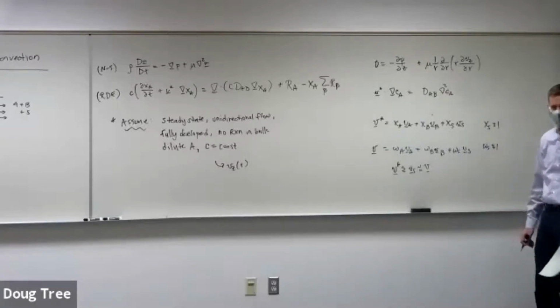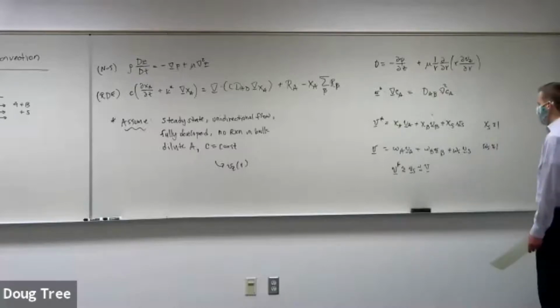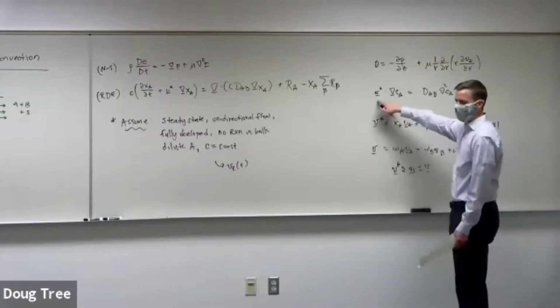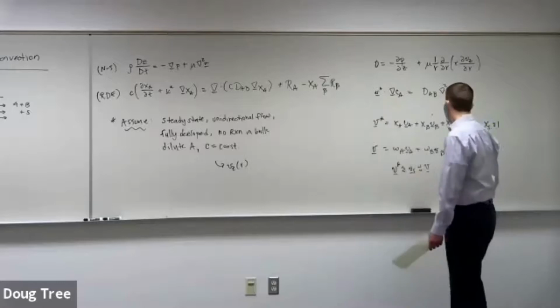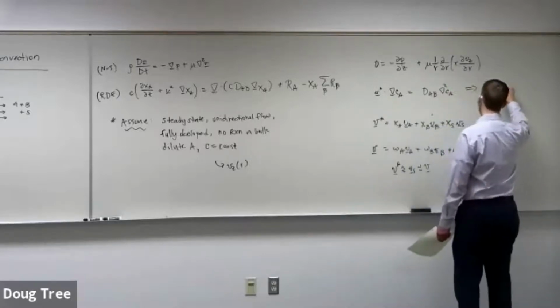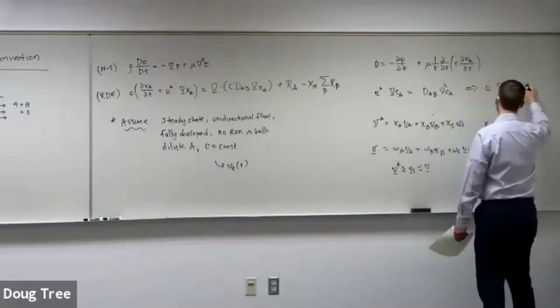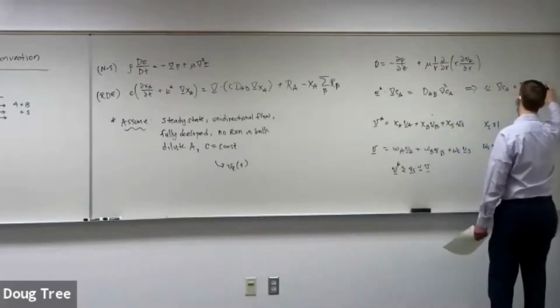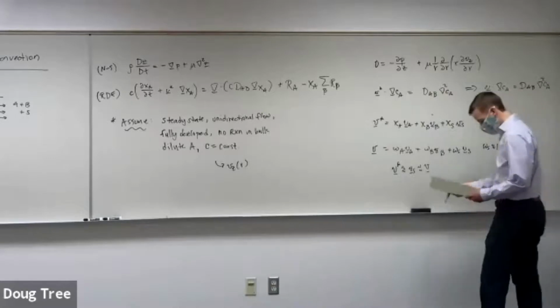It'll make my life easy here. So this will then turn into a V instead of a V star. I can rewrite that one then as V dot grad CA is equal to DAB grad squared CA.